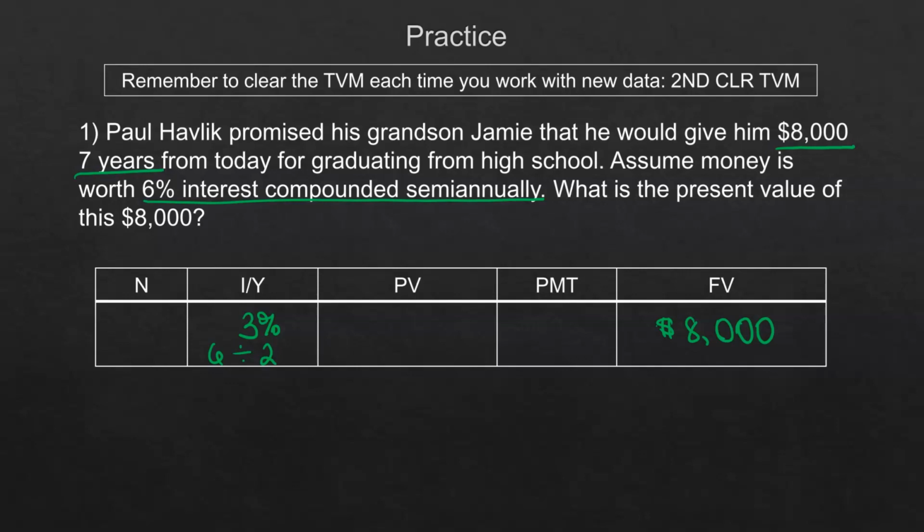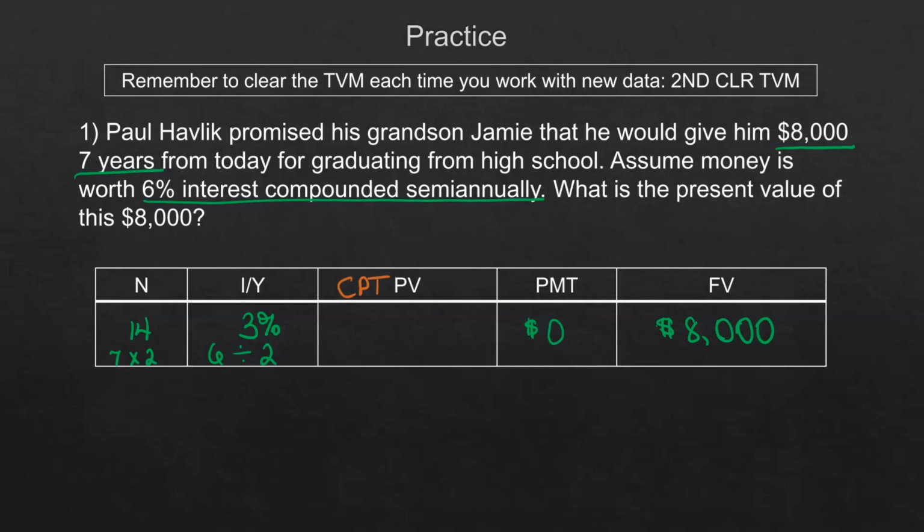So we wanted to end up at $8,000 7 years from now. We are not paying a payment. It is compounded semi-annually for 7 years. So 7 times 2 means we have 14 periods for this. We're going to compute the present value.